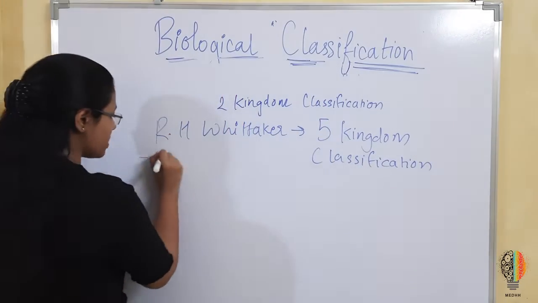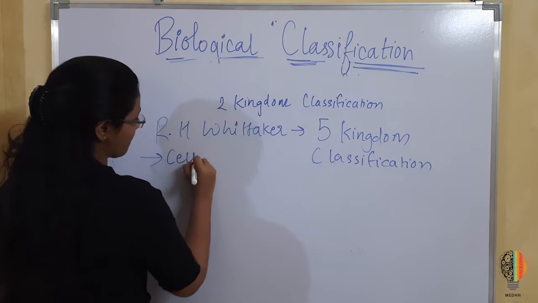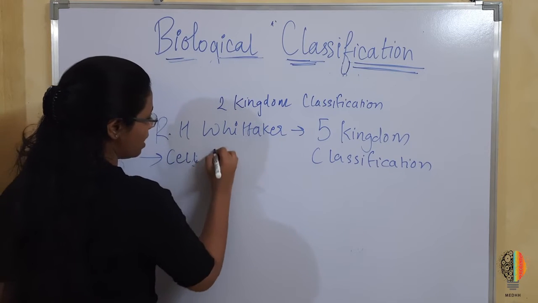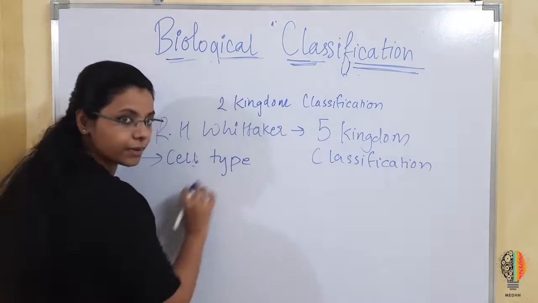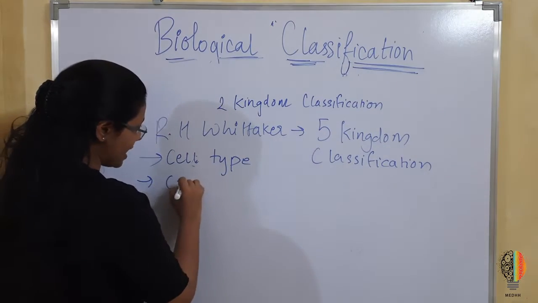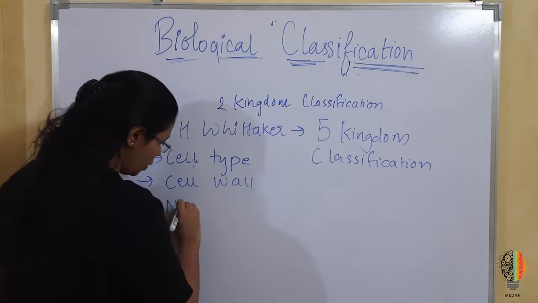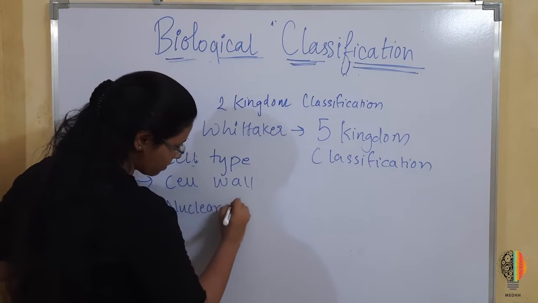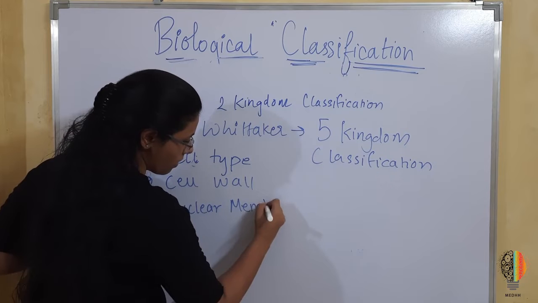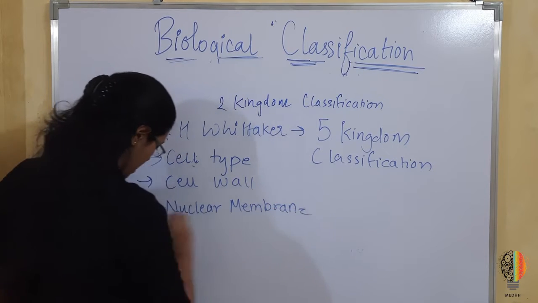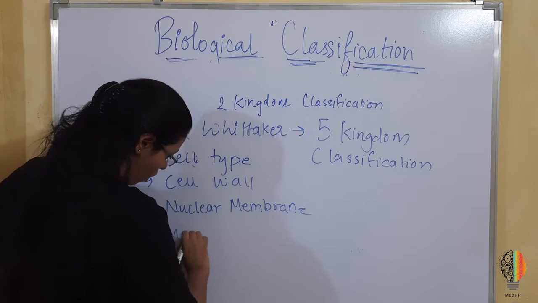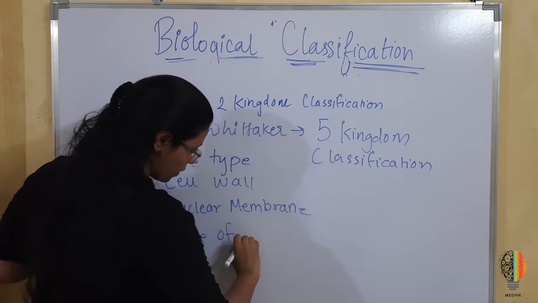So the first was cell type, cell wall, then nuclear membrane, then mode of nutrition.